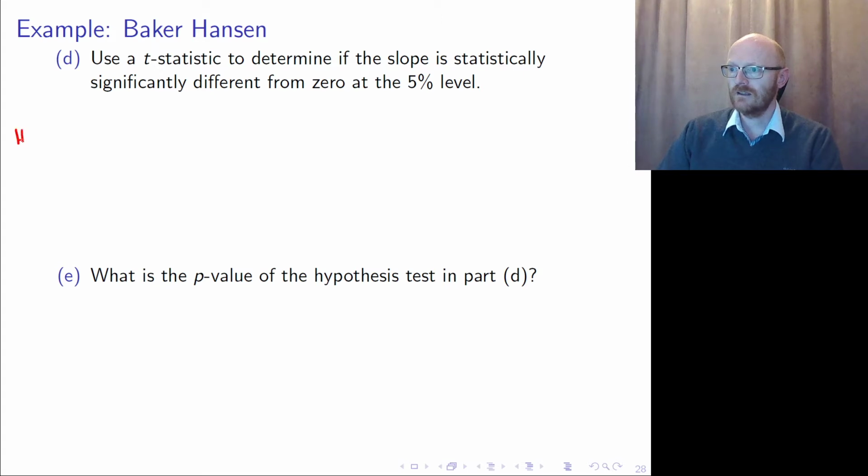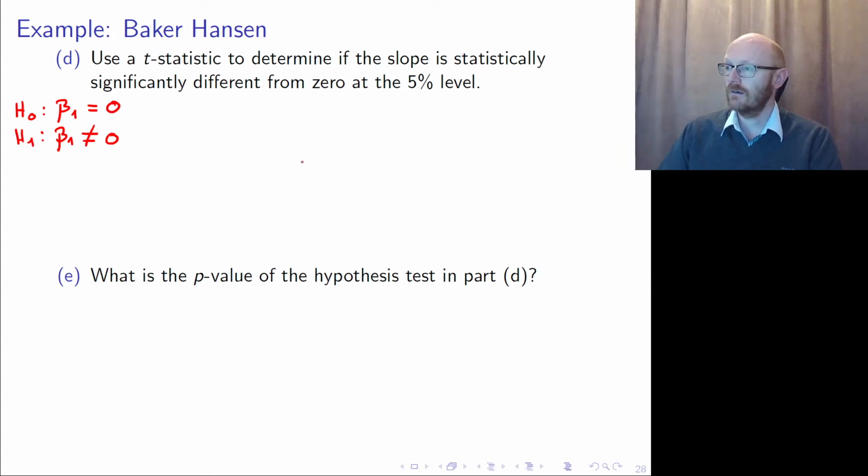Which means that the alternative hypothesis is that the population slope is different from 0, which means that the null hypothesis would be that the population slope is equal to 0. Okay, so that would be our hypothesis.